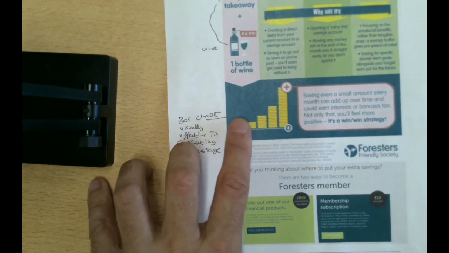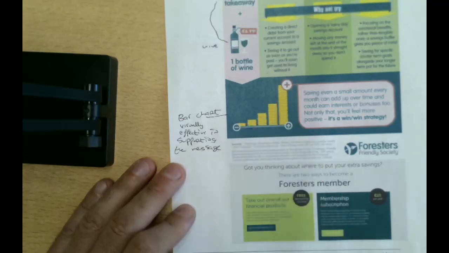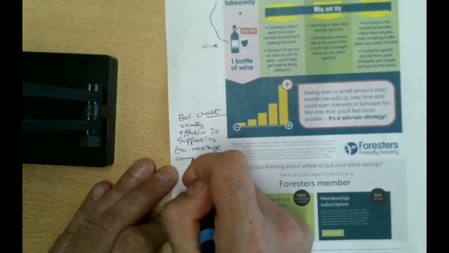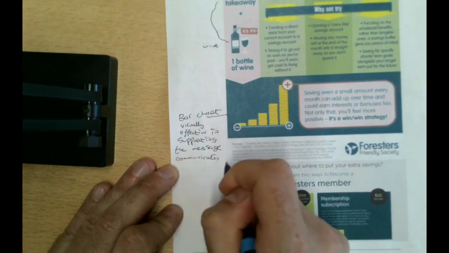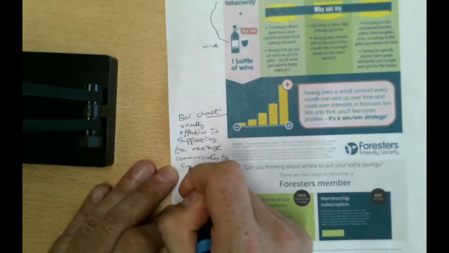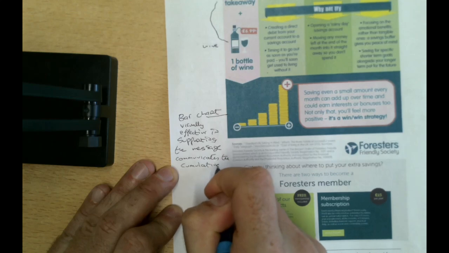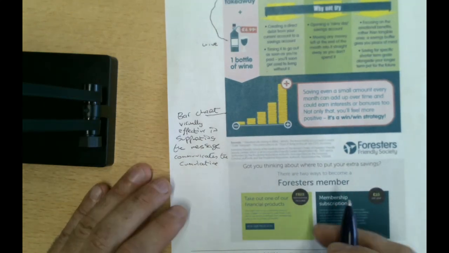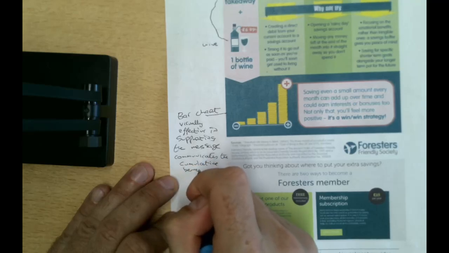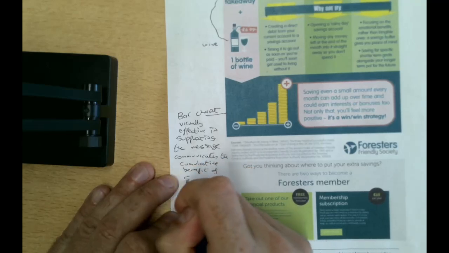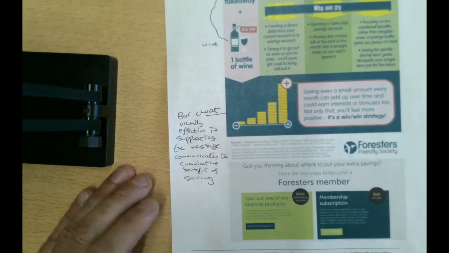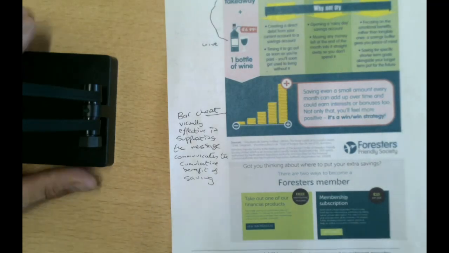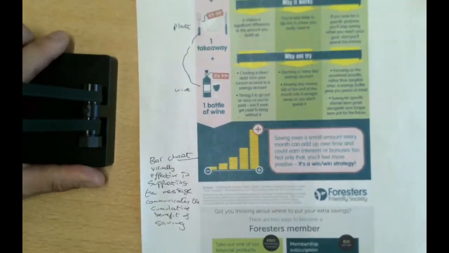Did you say the word cumulatively? It communicates, right? Can you say this again? The cumulative benefit of saving. Right, very visually, it does a good job of doing that. Well done.